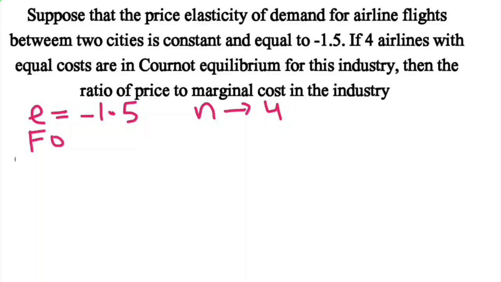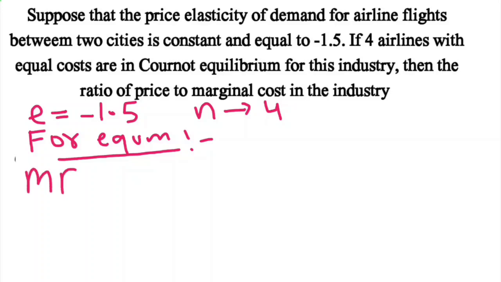Now for equilibrium in Cournot competition, when we have a constant elasticity market demand function, we equate the marginal revenue with the marginal cost. What is marginal revenue when we have the constant elasticity demand function?